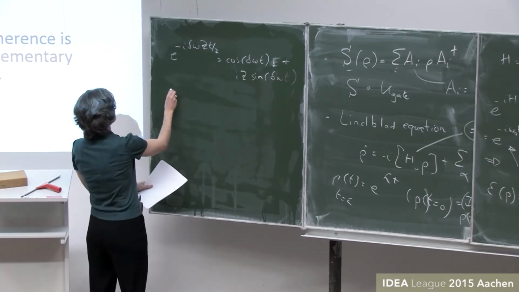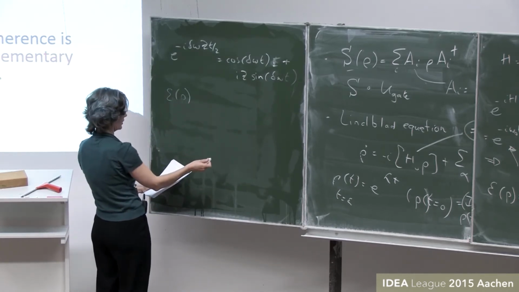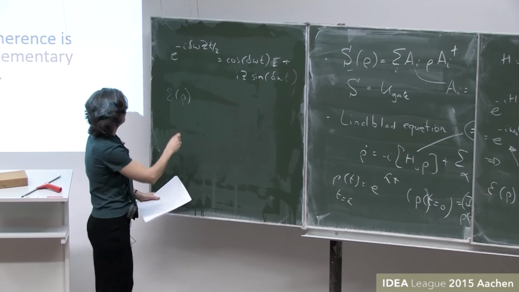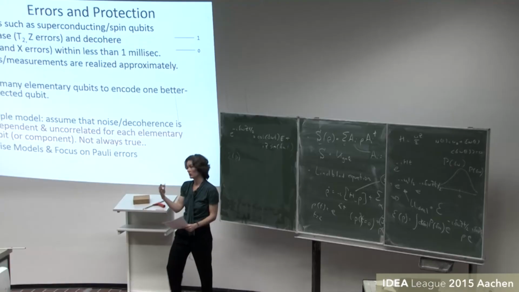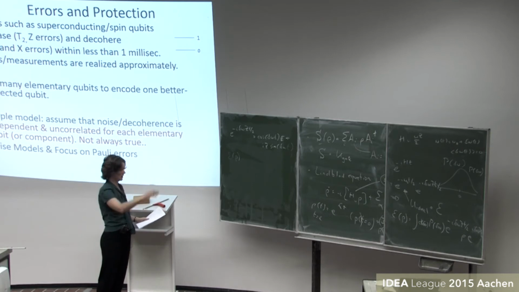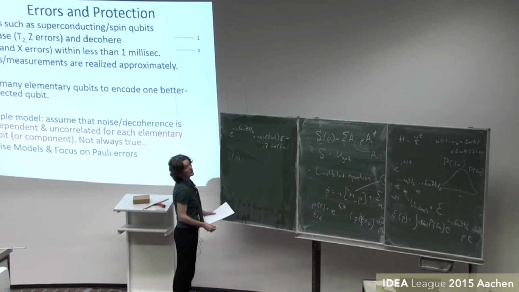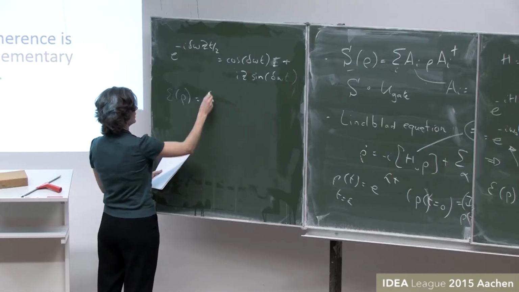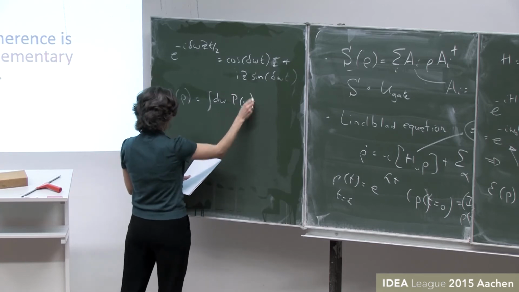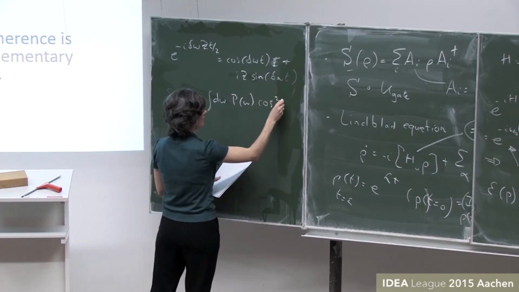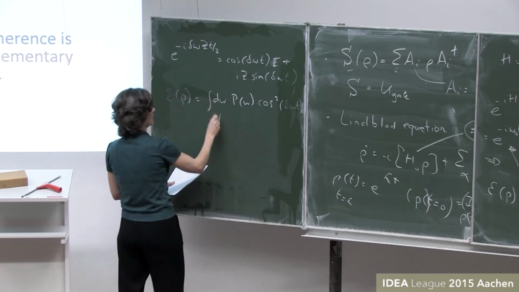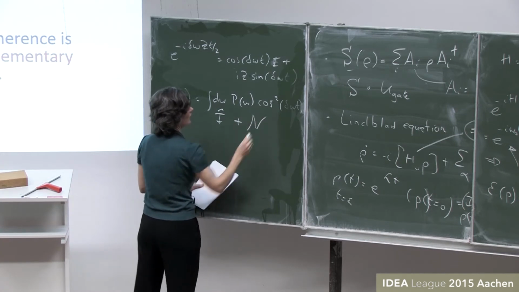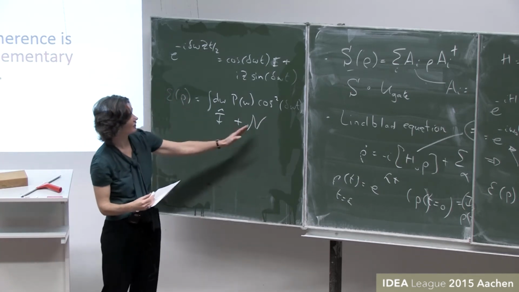So if I write E of rho, like I said, what we want to do is expand. Before, we were talking about error strengths. I want to write my noise as something proportional to the identity operator plus the noisy stuff, right? And so the identity operator part is definitely d omega p omega cos squared d omega t times this identity map, plus my noisy map that I've lumped everything else into.